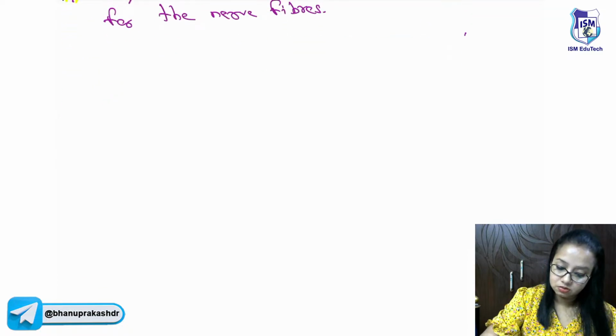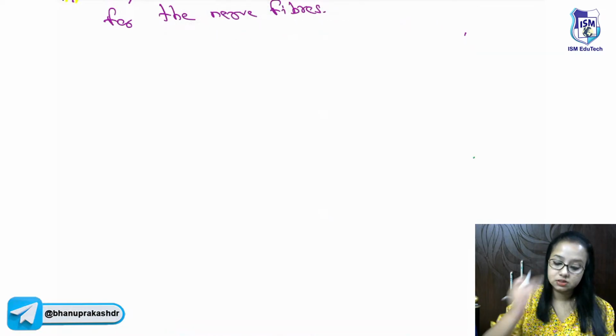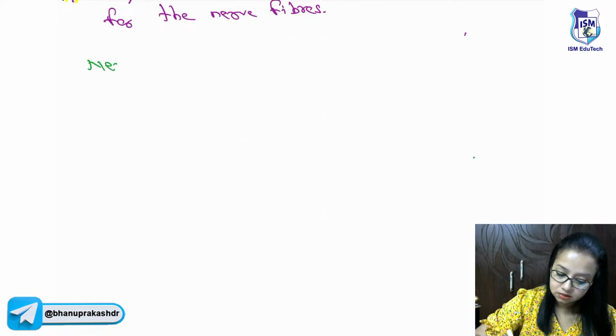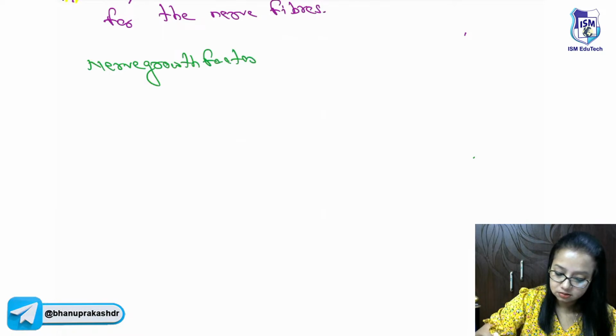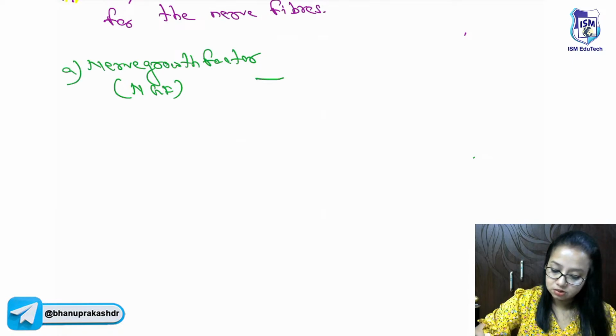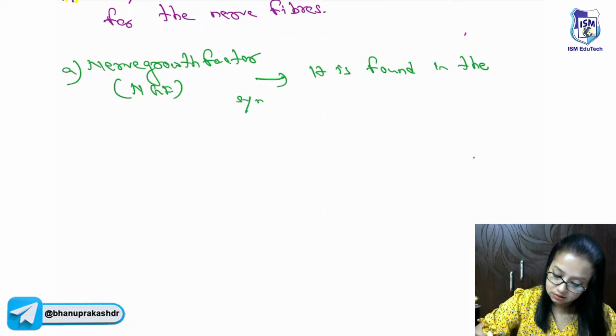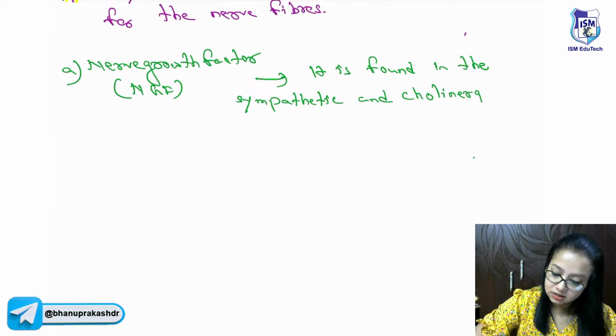Now we'll discuss the location of a few essential nerve growth factors, like nerve growth factor or NGF. It is found in the sympathetic and cholinergic neurons.